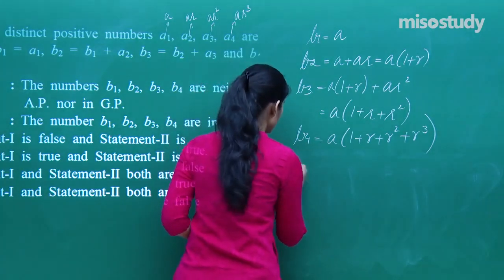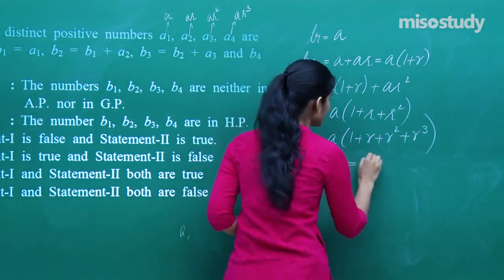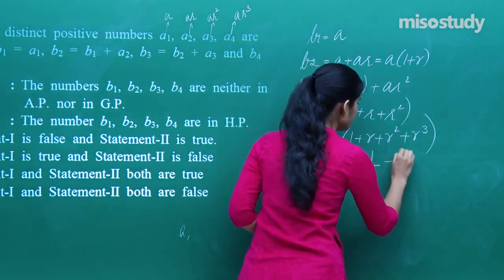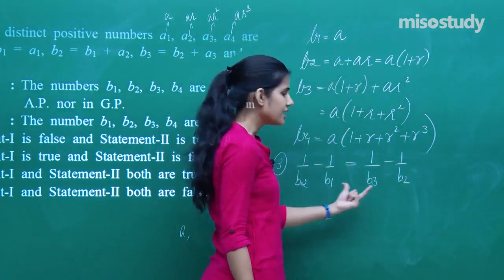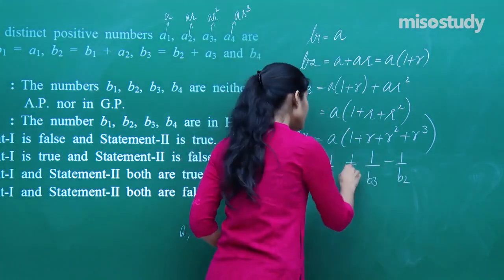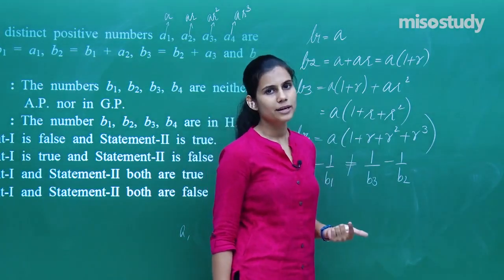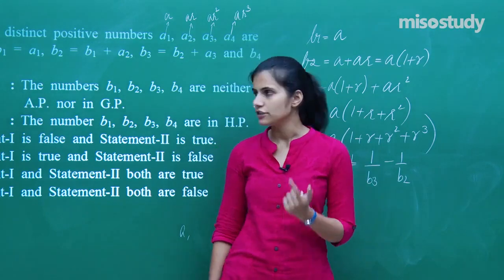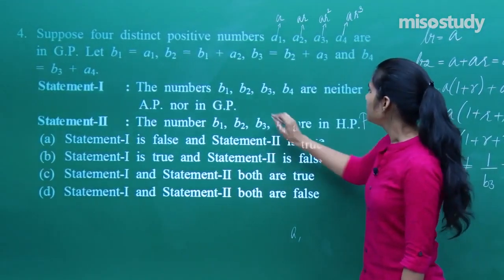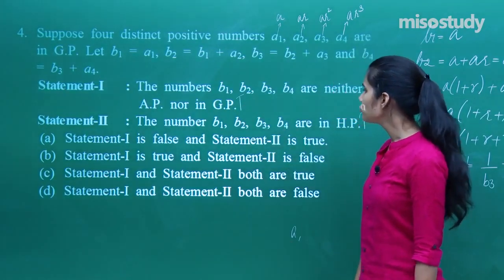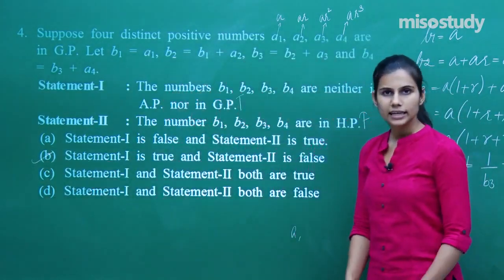For that, if 1 by B2 minus 1 by B1 comes out equal to 1 by B3 minus 1 by B2, then yes, they are in AP, but you are going to find they are not equal, in which case the reciprocals are not in AP, so the terms will not be in HP. So this is false and this is true. Statement 1 is true and statement 2 is false. Clear?